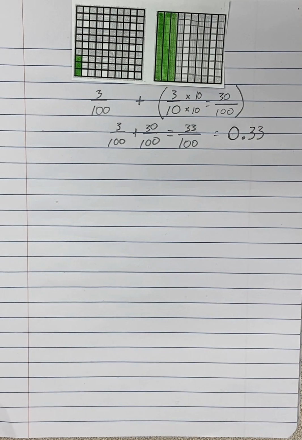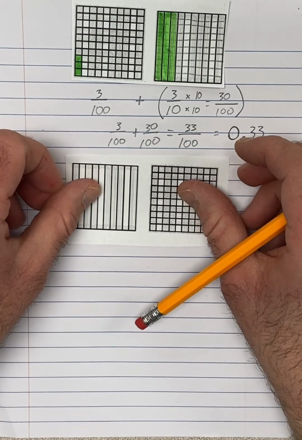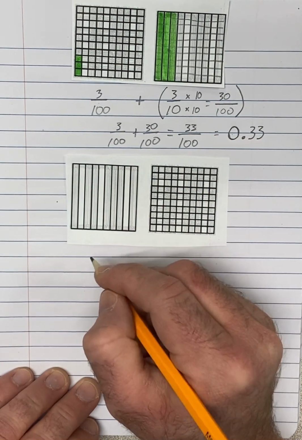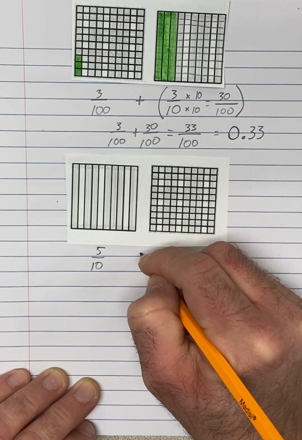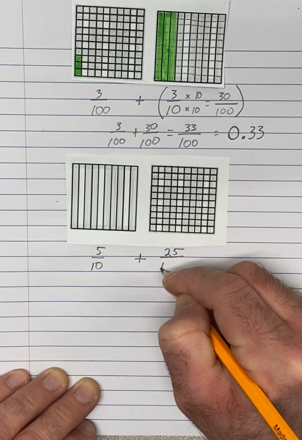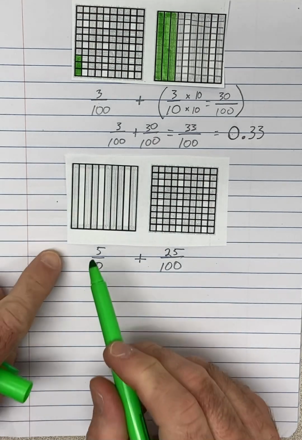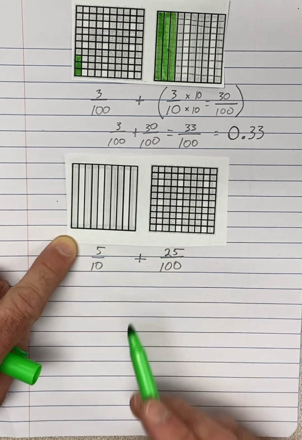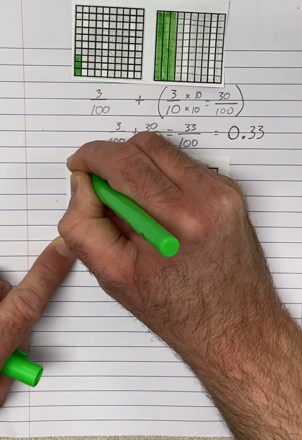Let's look at another example. Let's take 5/10ths and add it to 25/100ths. Here I have 10 parts, and I'm going to shade in 5 of those 10.